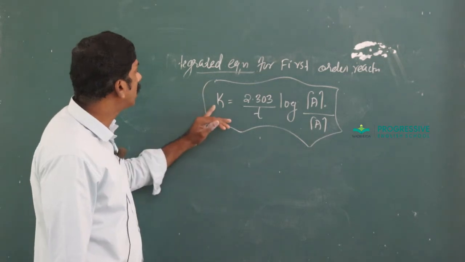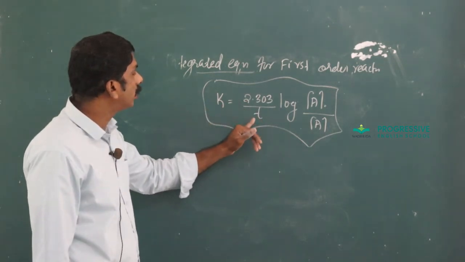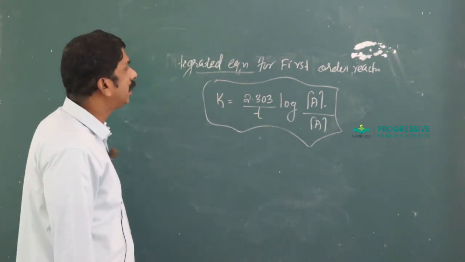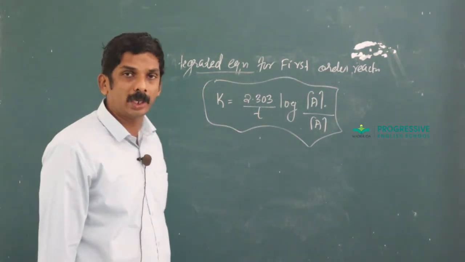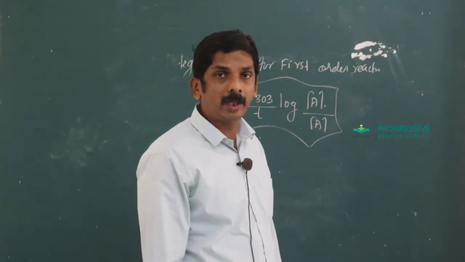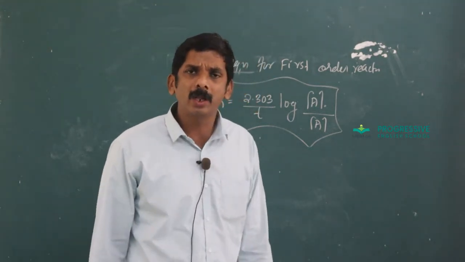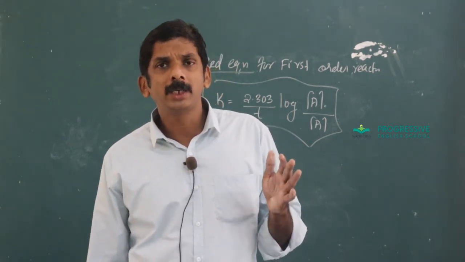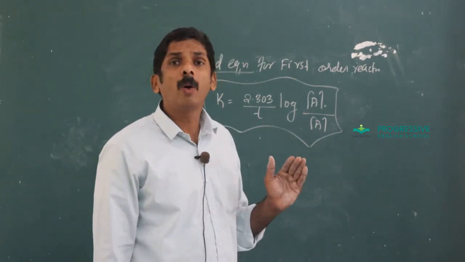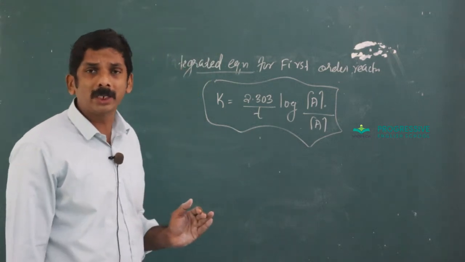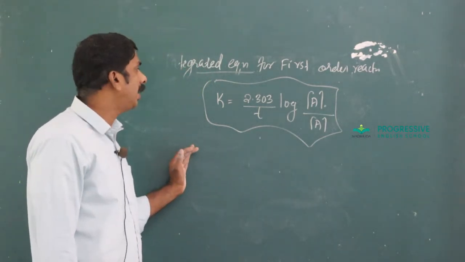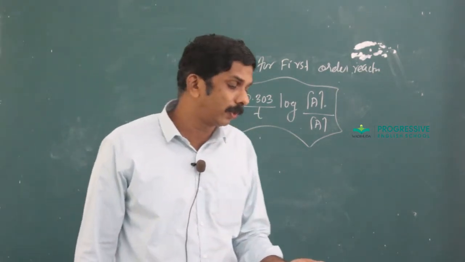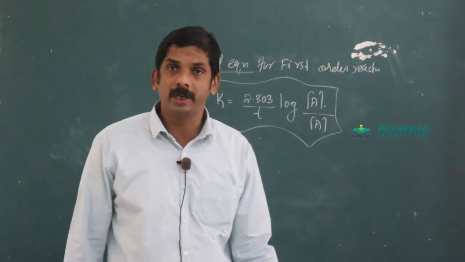K equal to 2.303 by T log A0 by A is the integrated equation for a first order reaction. And for a zero order reaction, anybody remember? Yes, K equal to A0 minus A divided by T is the integrated equation for a zero order reaction.